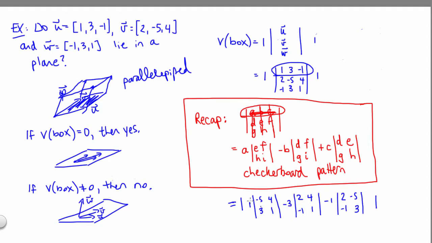All right, now to continue our calculation, we need to figure out these 2 by 2 determinants. So we're going to be careful to recopy our absolute value sign here. And inside the absolute value sign, we've got 1 times, well, this is negative 5 minus 12, so that's negative 17. And then we've got minus 3 times, we've got 2 minus negative 4 gives us 6. And then finally negative 1 times, we've got 6 minus positive 5 gives us 1.